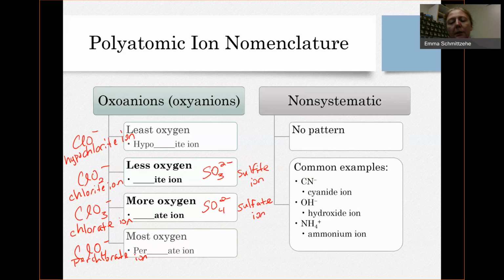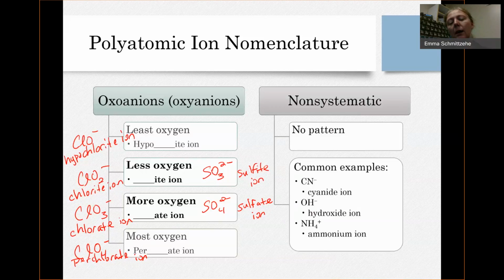And then we have OH minus, hydroxide ion, and NH4 plus, ammonium ion. Those are just some random polyatomic ions that aren't considered oxoanions. Even though OH does have oxygen in it, that one's not classified as an oxoanion because hydrogen can't bond to more than one oxygen, because hydrogen can only actually bond to one thing.